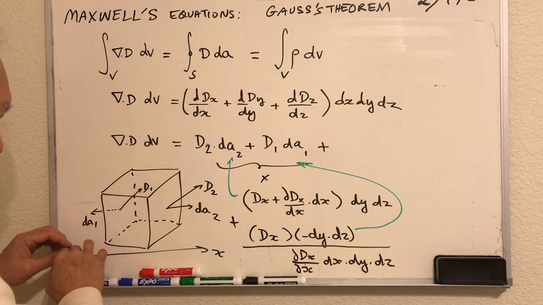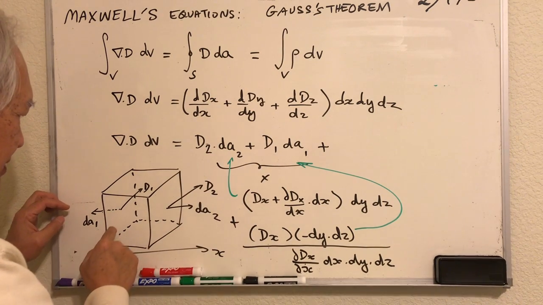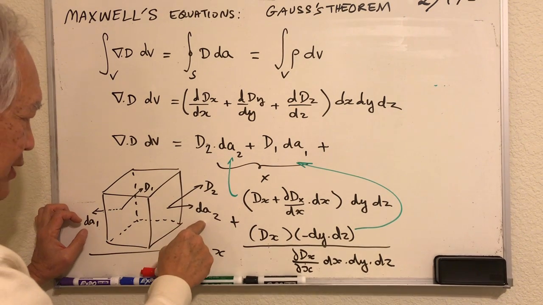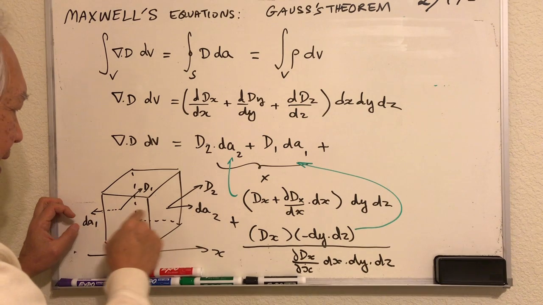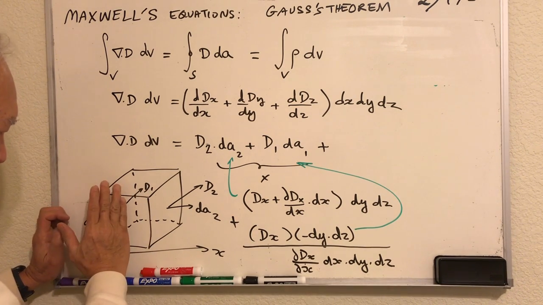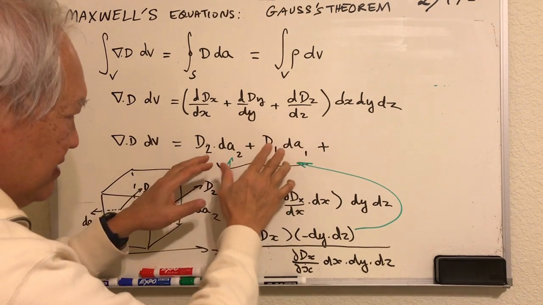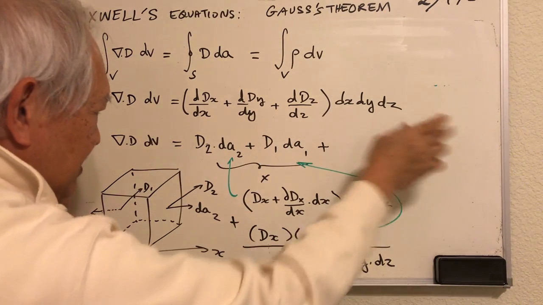For the x direction there will be surfaces dA1 and dA2, and we look at the vector D1 at the left side and D2 at the right side, and then we repeat this for the y and z components.